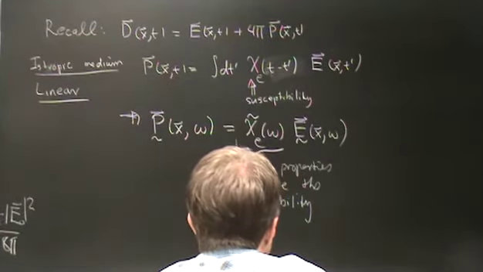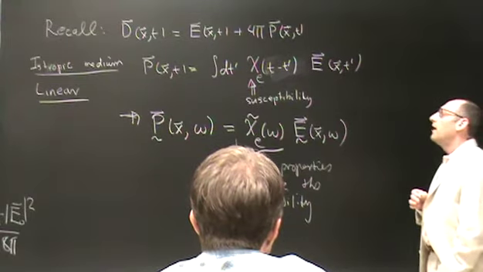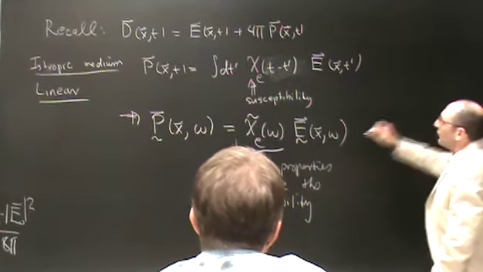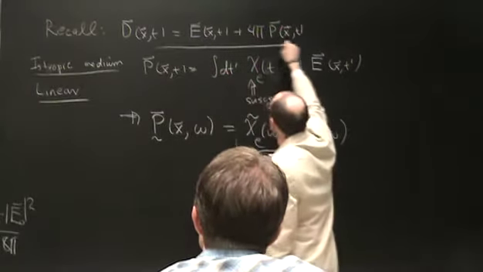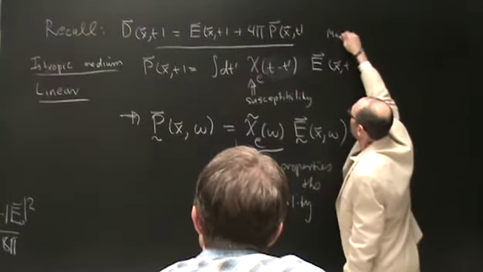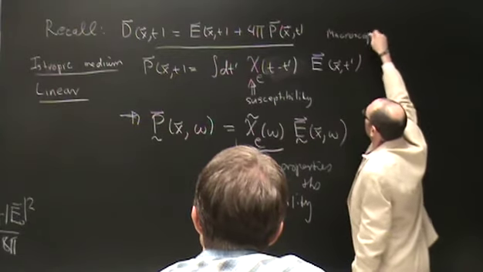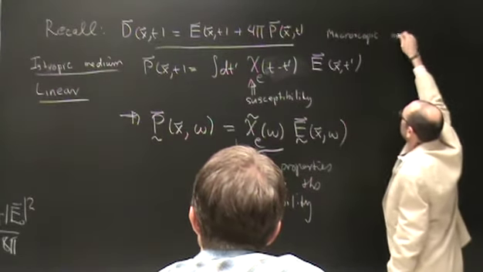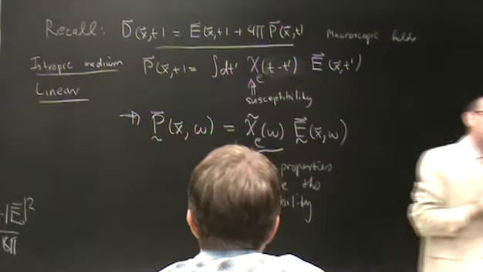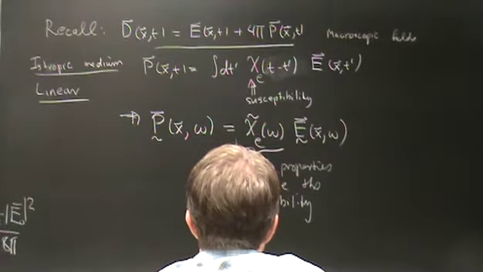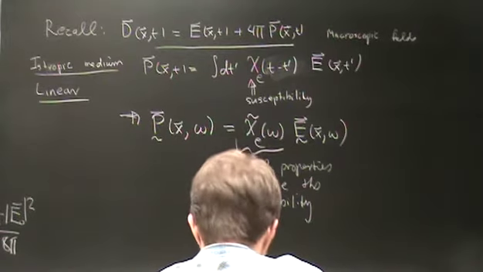Okay? Now, remember, as we have been discussing, these relations are what we call the macroscopic Maxwell's equations, or macroscopic fields, where we've done this coarse graining over many, many microscopic constituents.